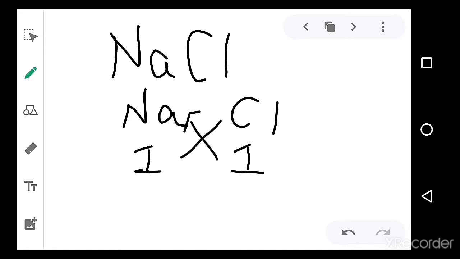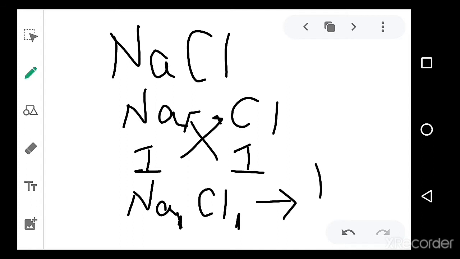So again cross linking. So Na will get 1 as an atomicity and Cl will also get 1 as an atomicity, but as you already know that we don't write 1 in a subscript, so this formula will directly change as NaCl.